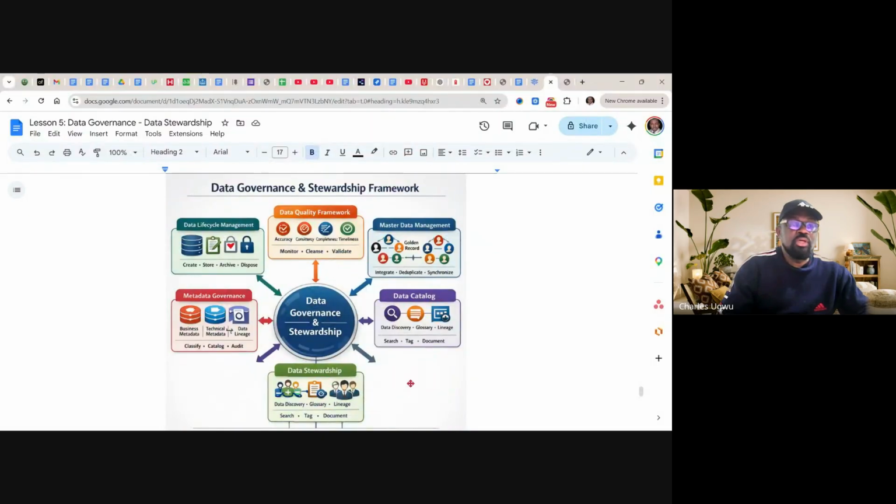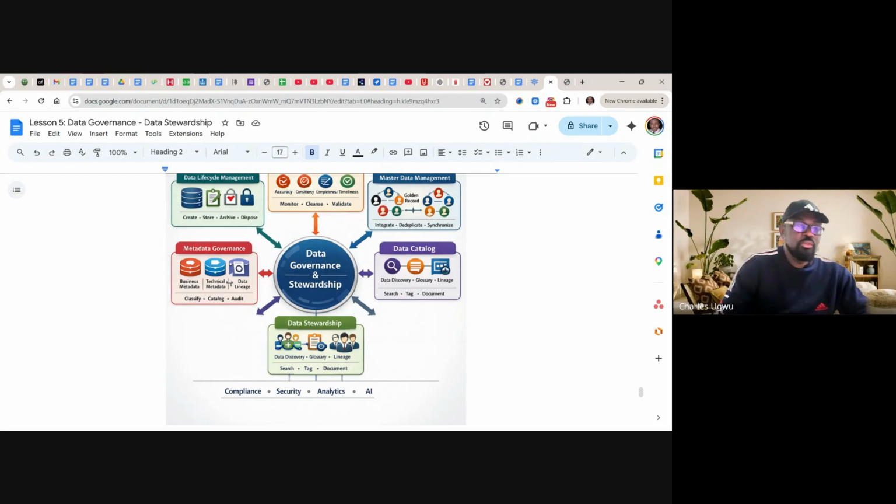So you know that here, you see the stewardship in charge of this data governance and stewardship. And data governance and stewardship is all about data lifecycle, metadata, data quality framework, master data management, and data catalog. So I hope this makes sense. So this is the compliance, security, analytics.